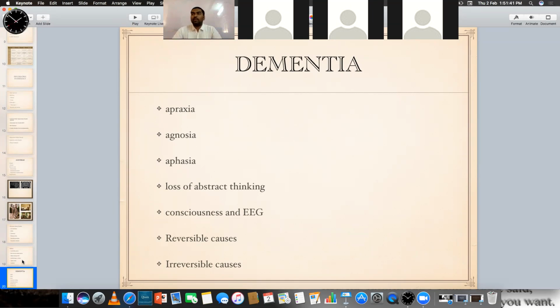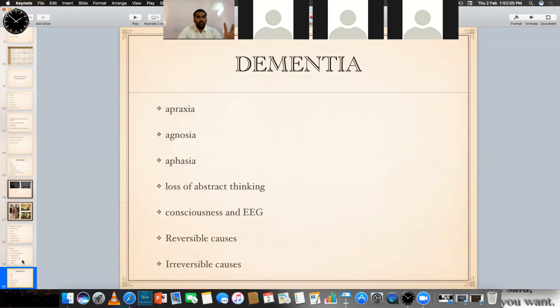In dementia, the consciousness level is absolutely normal. They're talking to you. And how about the EEG? It's also normal. Okay, so what are the causes of dementia? Before labeling a person as having dementia, you need to make sure that you rule out the organic causes of dementia.